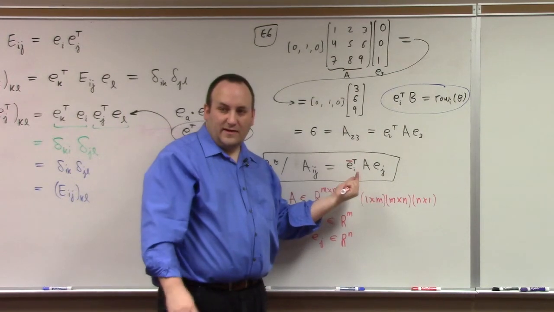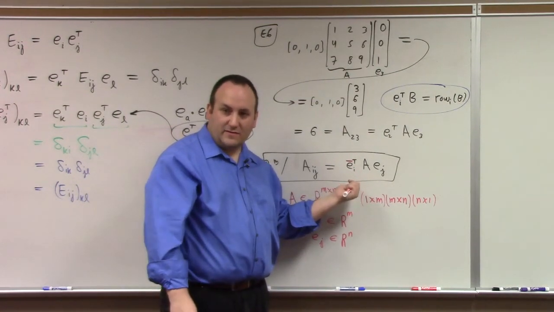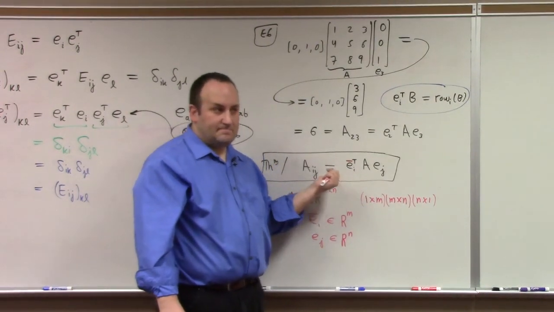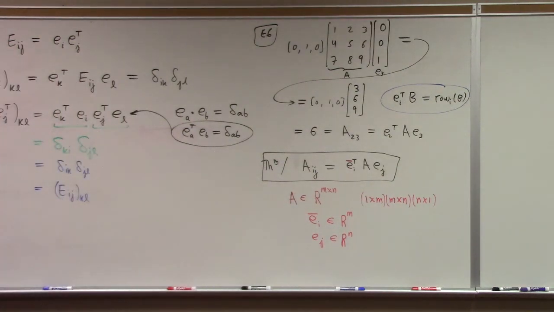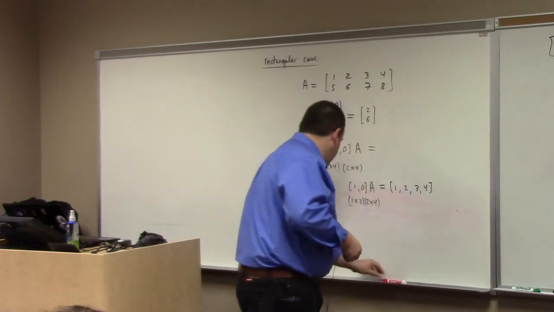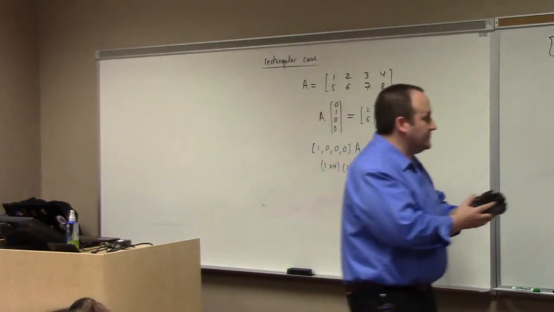In a situation like that, I might put a bar on one of them to indicate it has a different dimension, or I might use a different letter even for the standard basis if I get pushed to that. But I try to just use EI for the standard basis when there's no ambiguity. So there's that nuance.